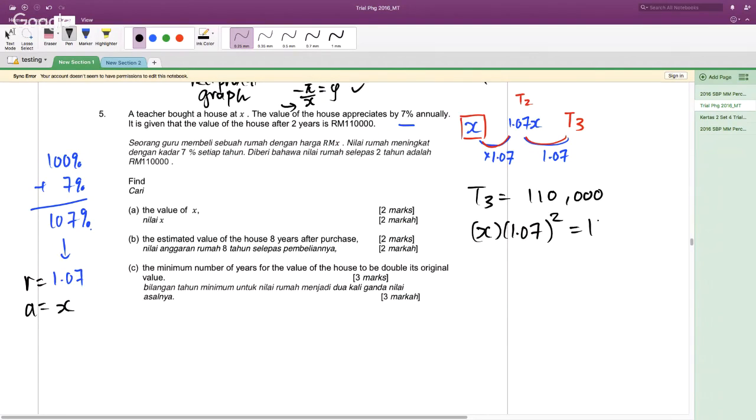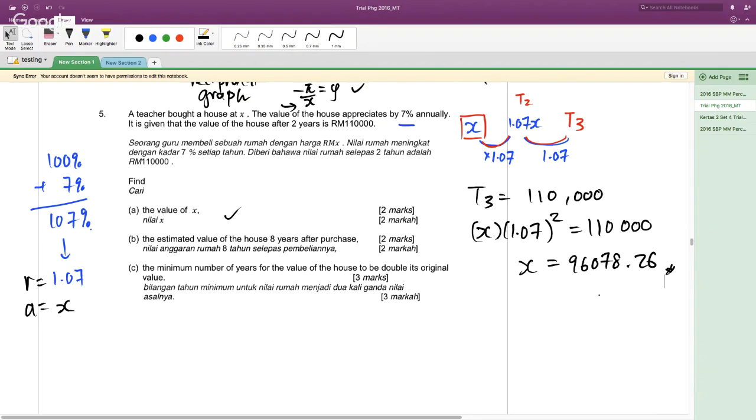So it equals 110,000. X is the thing you want to find in the first part, so I will just use 110,000 divided by 1.07 to the power of 2. So basically I will get 96078.26. All right, this is the value of X, meaning the original price of the house before it appreciated.